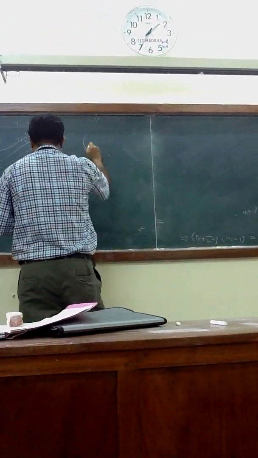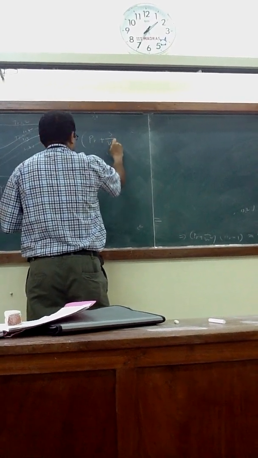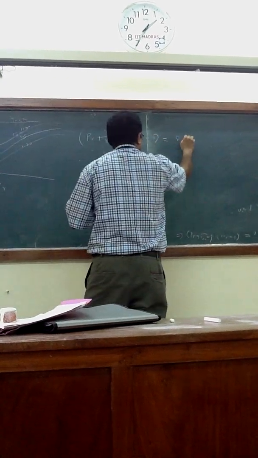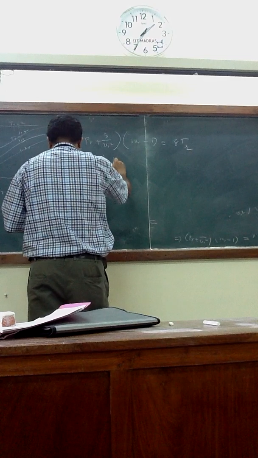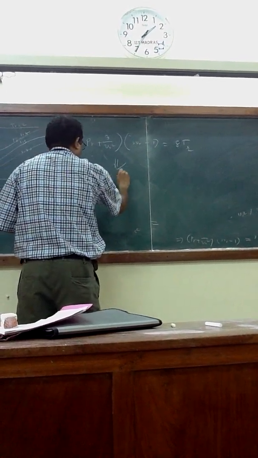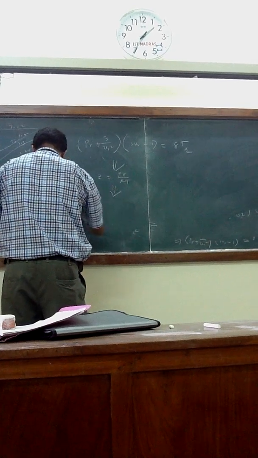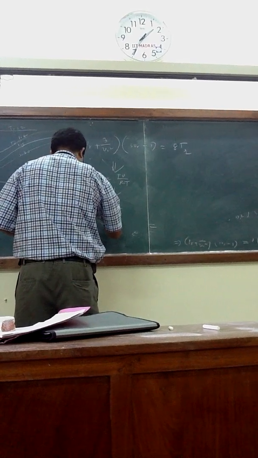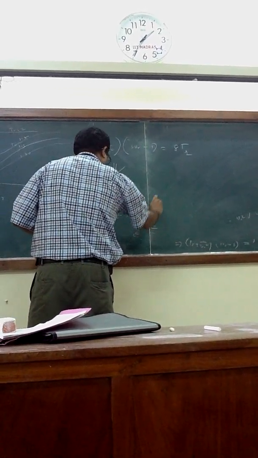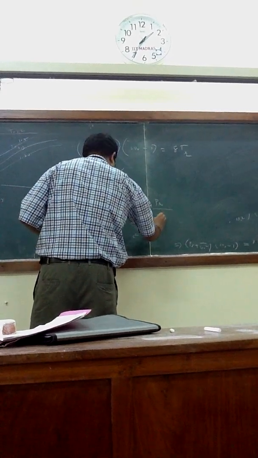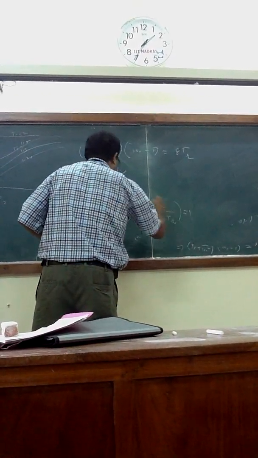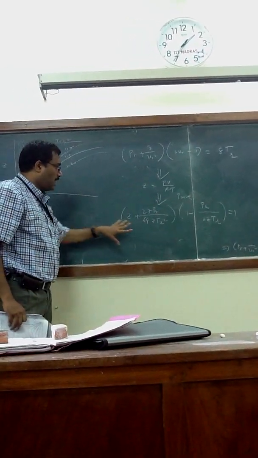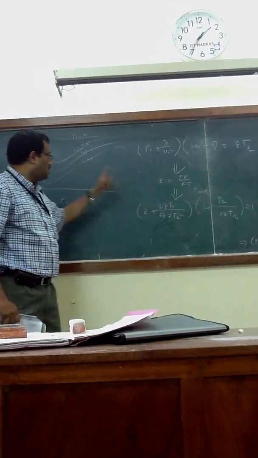From this, PR plus 3 VR square into 3 VR minus 1 equals 8 TR, it is possible to write, substituting Z equals PV by RT, Z cubed plus 27 PR by 64 Z PR square into 1 minus PR by 8 Z PR equals 1. We'll see who can prove it in the next class. I want to see it on Monday.